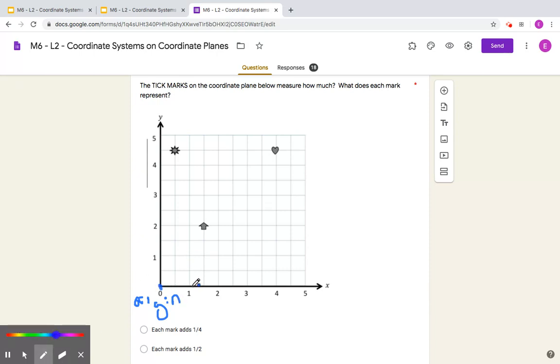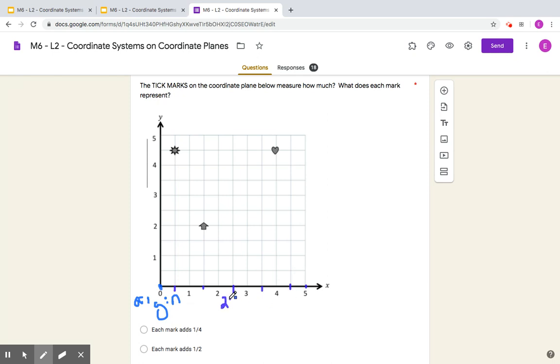I see that my x-axis goes until 5. However, there are tick marks or lines in between each whole number. That tells me instead of measuring by one whole, each tick mark represents 1/2, or we're adding 1/2. So this is 1/2, 1, 1 and 1/2, 2, 2.5, 3, 3.5, 4, 4.5, 5.